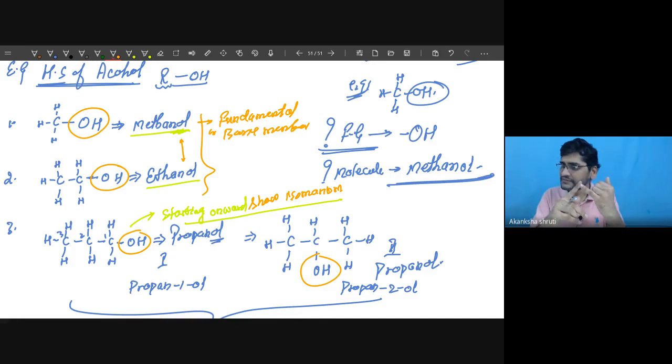What are the physical properties? Like their molecular mass, their density, their state of existence. Like methane exists as a gas, but this methanol also exists in gaseous form, though not as an entire gas. If you leave it open, it can easily evaporate, like a spirit which evaporates very fast. But ethanol does not evaporate that easily.